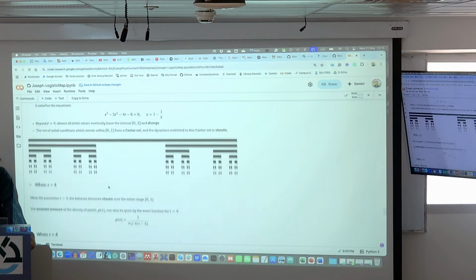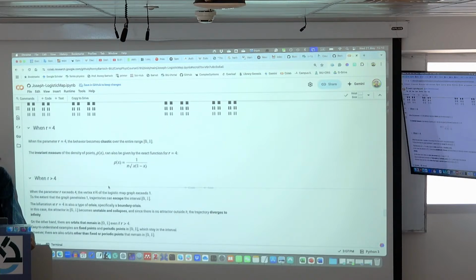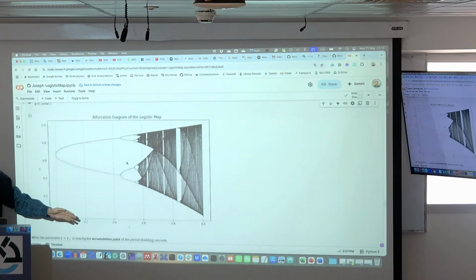But now we can talk precisely about when r equals 4 and r bigger than 4, and extend it to a more complex way. When the parameter equals 4, the orbit covers the entire range of 0 to 1, and the invariant measure of the density of points rho can be given by an exact function at r equals 4. That is the frequency distribution of the attractor at r equals 4.